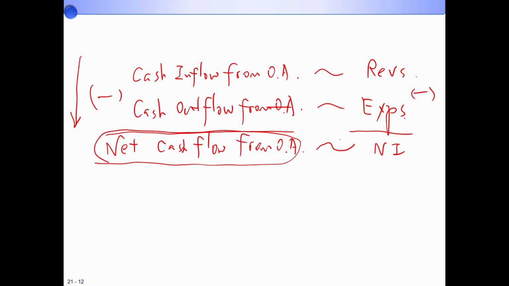So you can start with net income plus or minus some adjustments, then you can calculate the net cash flow from operating. That's called the indirect method. You figure out the net cash flow from operating indirectly. So, direct method, indirect method.